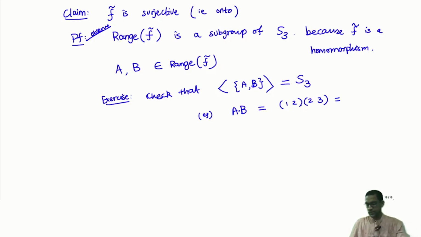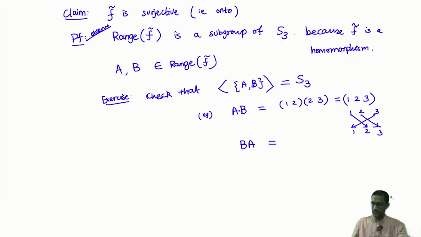It's a composition of these two maps. 2 goes to 3 under the second map, 3 goes to itself, so 2 goes to 3. I claim this is just the 3-cycle (1 2 3): 1 goes to 2, 2 goes to 3, and 3 goes to 1.